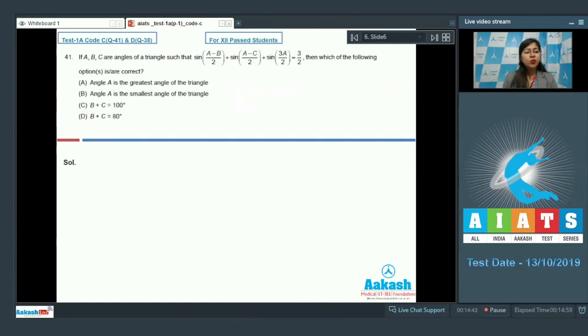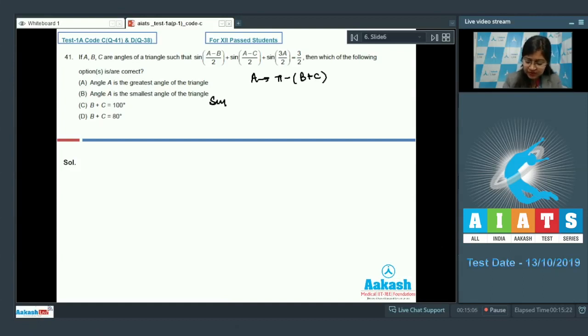Next is question number 41, which says that if A, B, C are angles of a triangle such that sine of (A minus B)/2 plus sine of (A minus C)/2 plus sine 3A/2 is equal to 3/2, then we have to answer the following questions. So let's here substitute A as pi minus (B plus C).